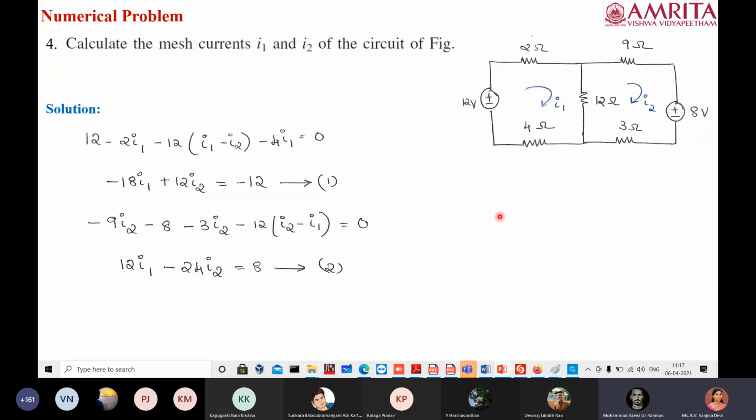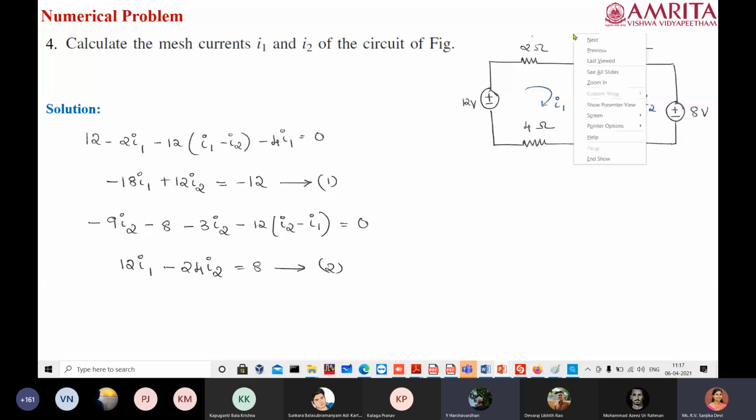Yeah, it might come. But as I told you, when we are going in the direction of current, there is always a voltage drop. So for example, for this 2 ohm resistor, it has to be minus 2 I1. But if they give a polarity opposite to the regular convention, you can write one more equation which will relate their polarity with ours. Like we should write the negative of this, right?